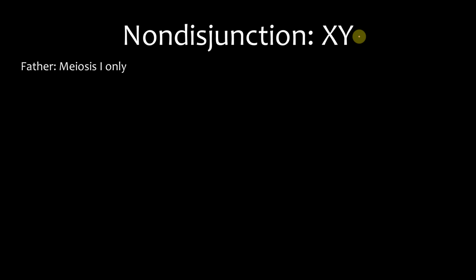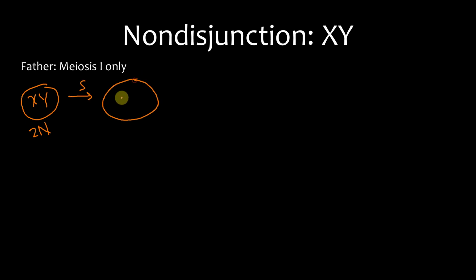Non-disjunction that results in one gamete being 2N with XY can only happen in meiosis 1. So we're going to go through this again. We're starting out with our normal 2N cell, and we have an X and a Y. Then we have S phase, so we have replication. I know, are you sick of me talking about S phase? Good, because then you won't forget it.